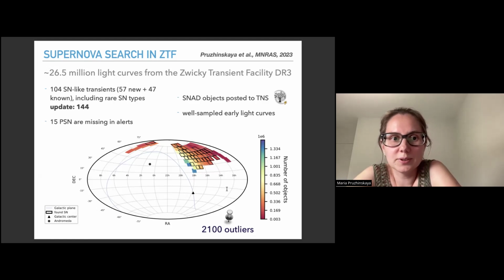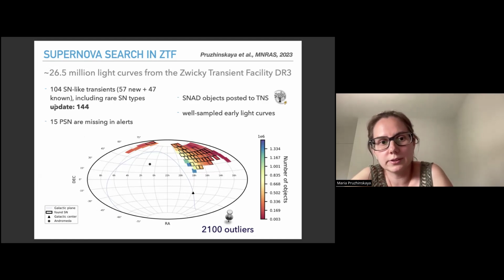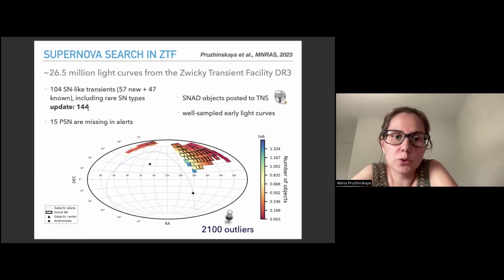We actually tried this a few years ago. We ran our algorithm on 27 million light curves from ZTF to search for supernova candidates. And we found more than 100, with an update, 150 supernovae with this approach. And what is interesting is that some of them were not yet published.